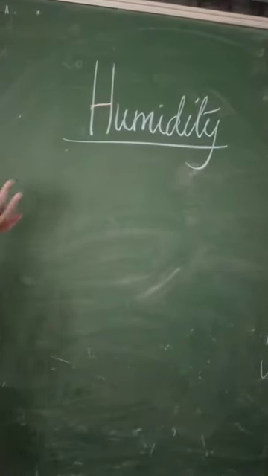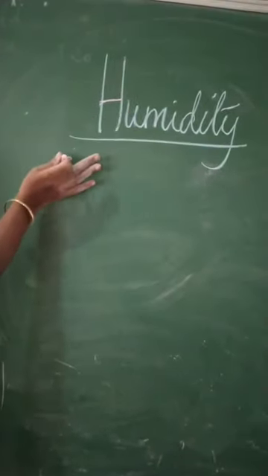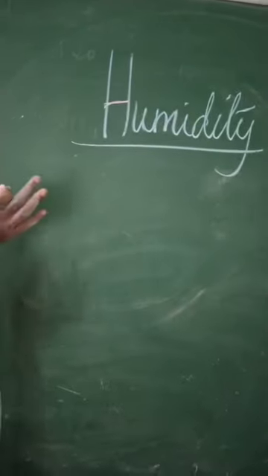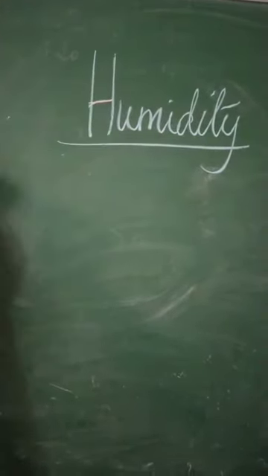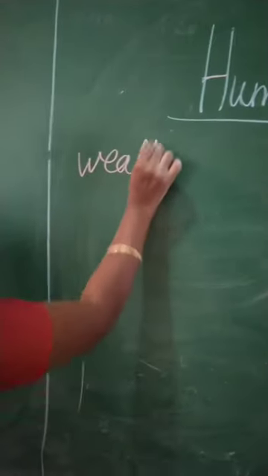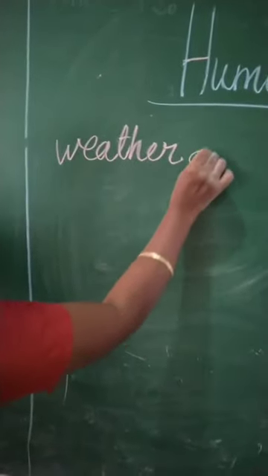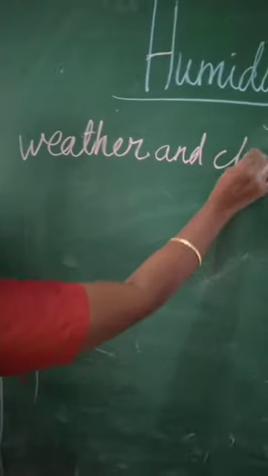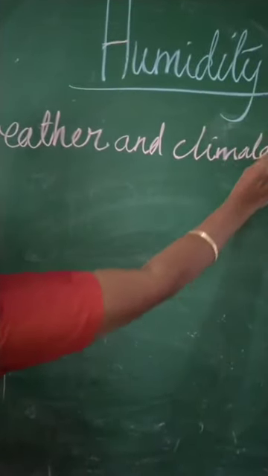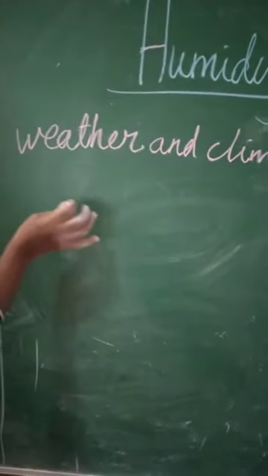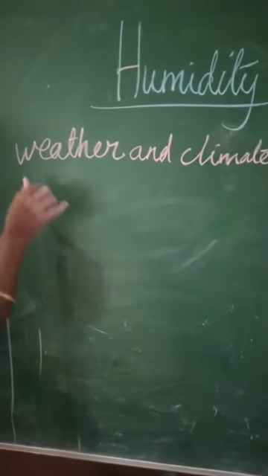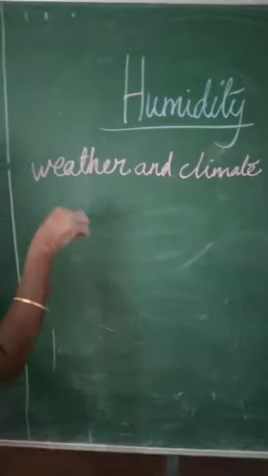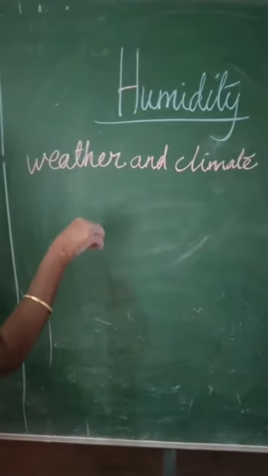Students, now we are going to learn humidity. Humidity is an important aspect of the atmosphere because it affects both weather and climate. The amount of water vapor present in the atmosphere is referred to as humidity.